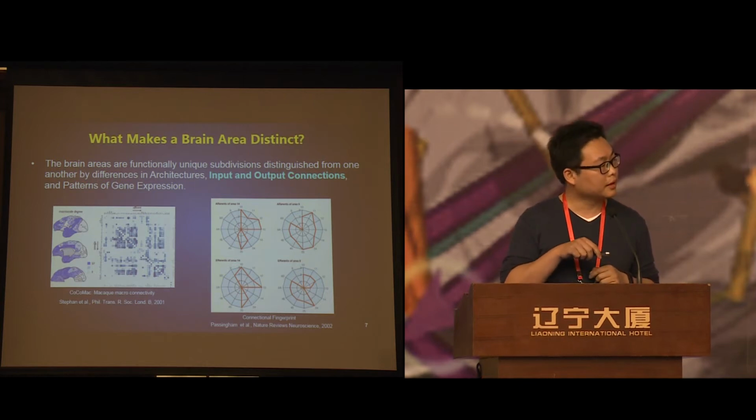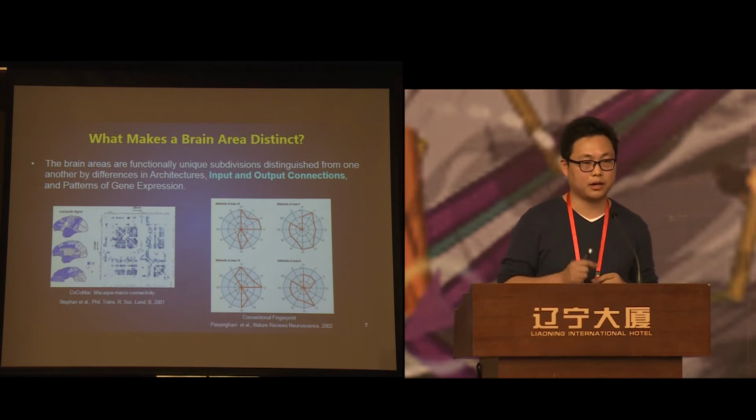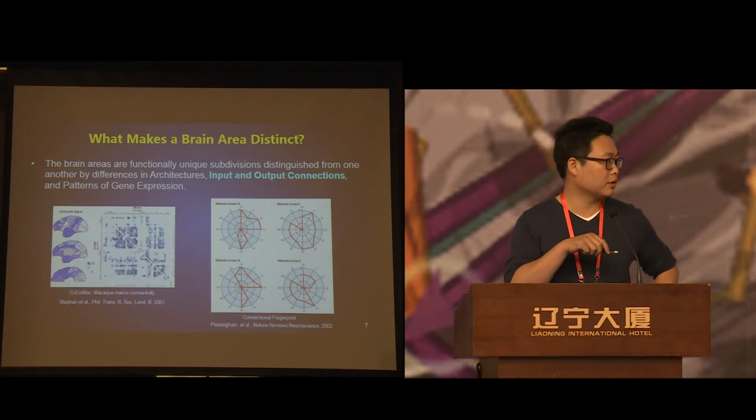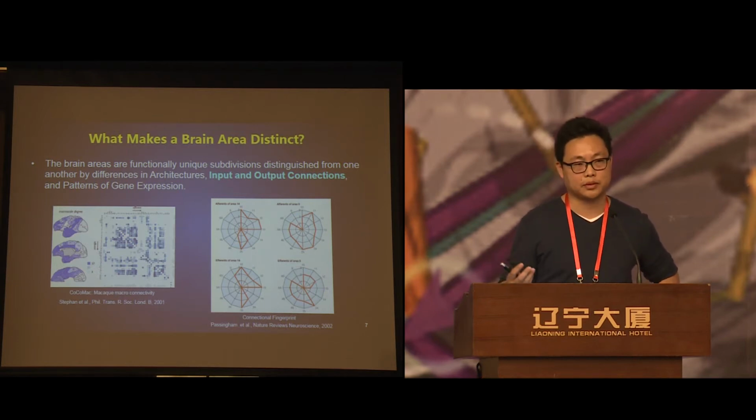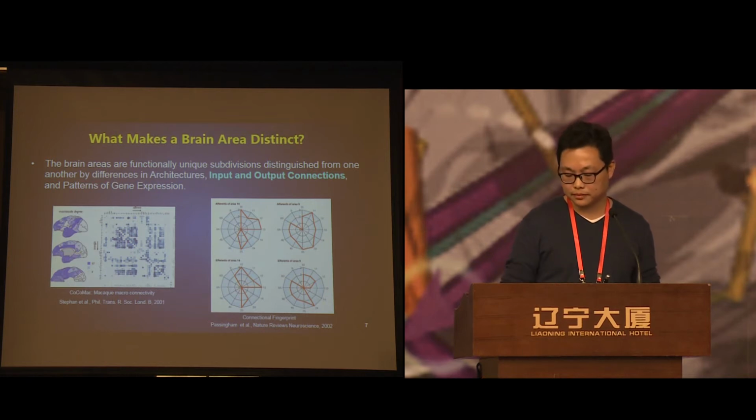It means that each individual region should have very distinct fingerprints. If you use the tract tracing data, you can get input fingerprints or output fingerprints. But when we use the diffusion data, we get just one fingerprint, because in vivo diffusion data can't give us the directions of the fiber pathways.